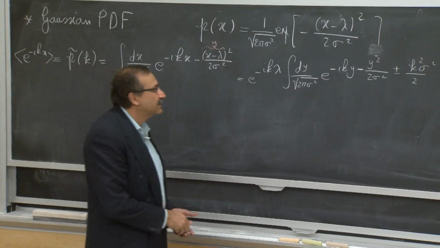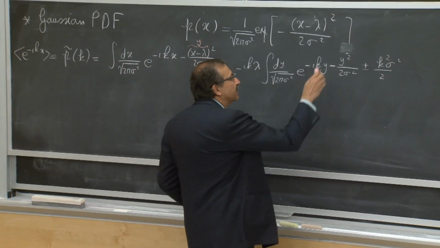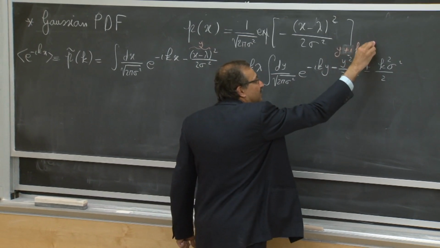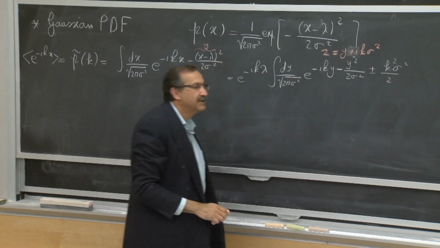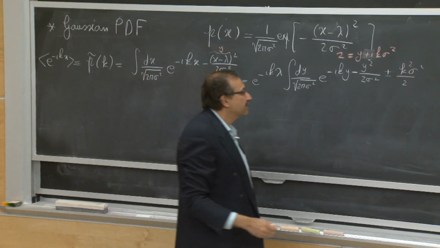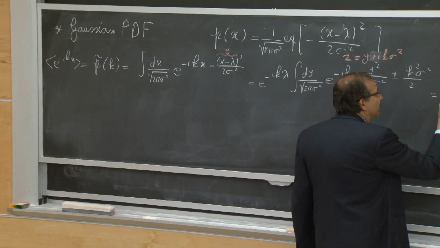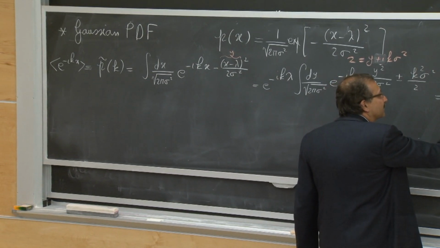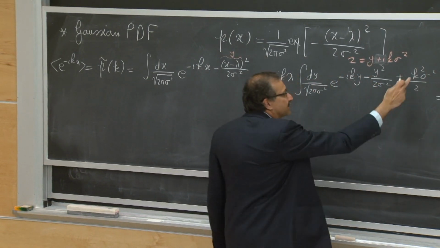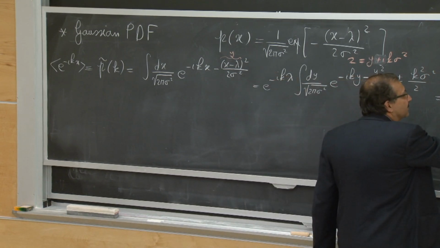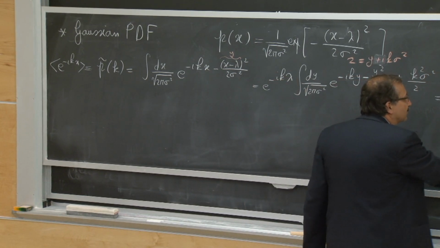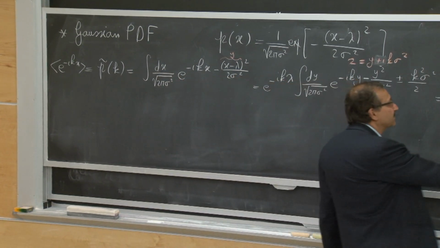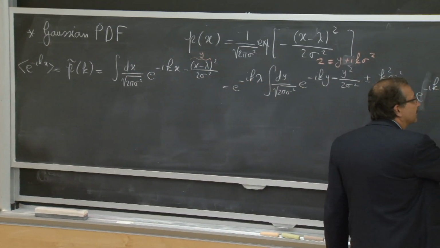So that if I change variable to y plus i k sigma squared, let's call that z, then I have outside the integral e to the minus i k lambda minus k squared sigma squared over 2. And the remainder I can write as a full square.